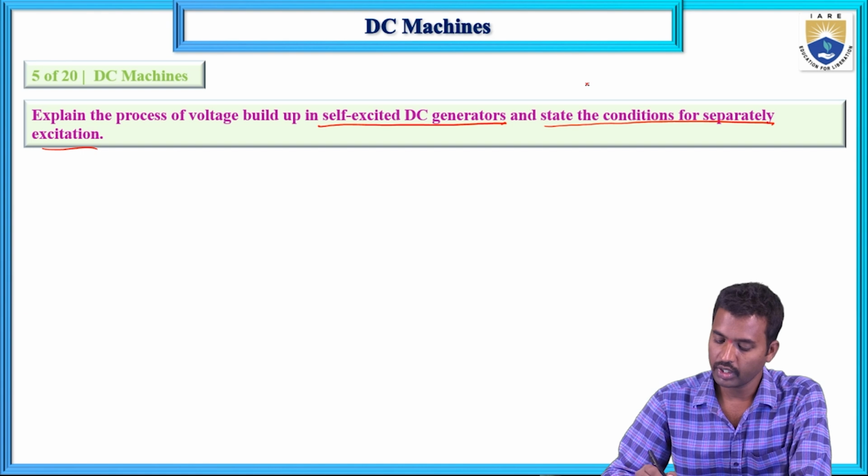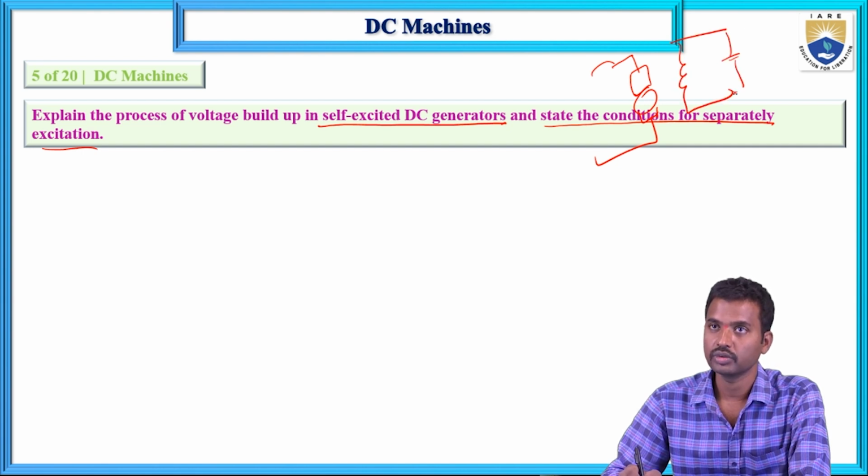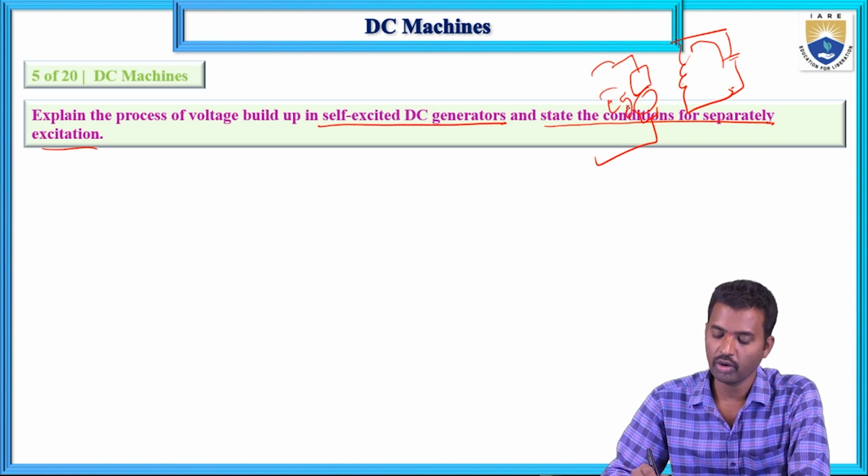Now in the separately excited generator, this is the armature, and this field winding is excited with another source. Current flows in this circuit and sets up the flux. This stationary flux cuts the armature conductor and induced EMF will be developed.